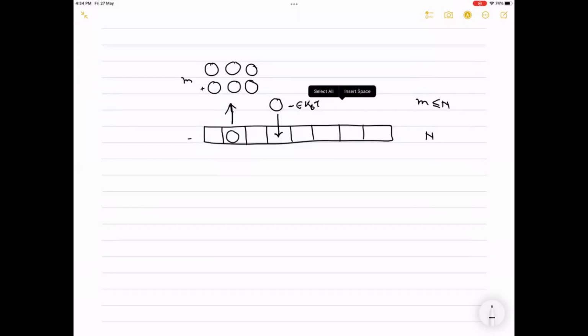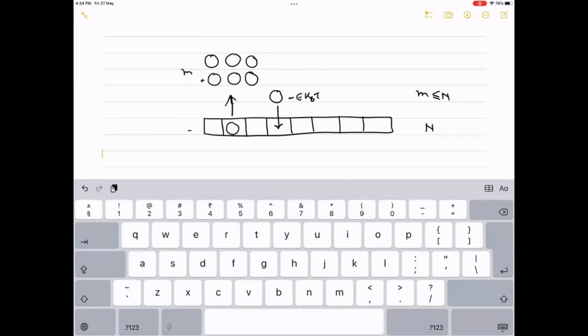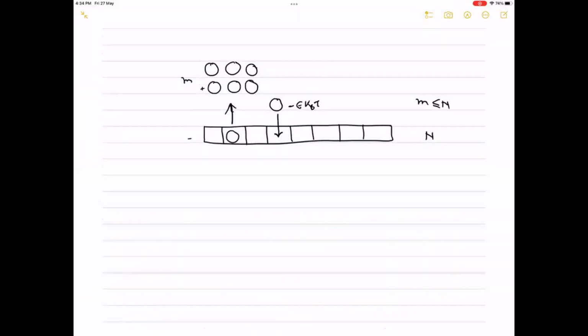All of you agree with me that if I have m number of proteins and total n number of binding sites, then I can define an occupancy variable rho by m upon n, right?